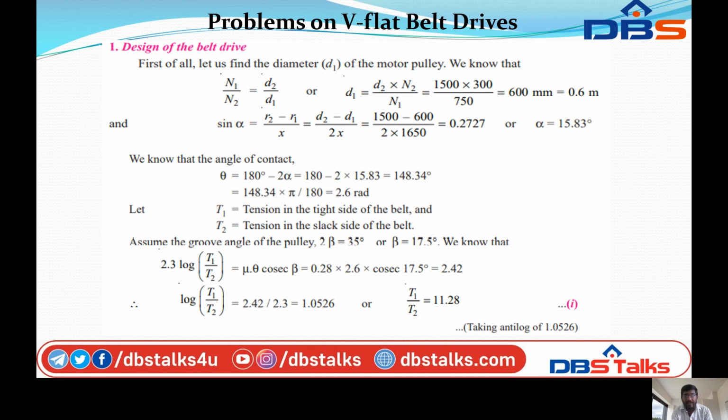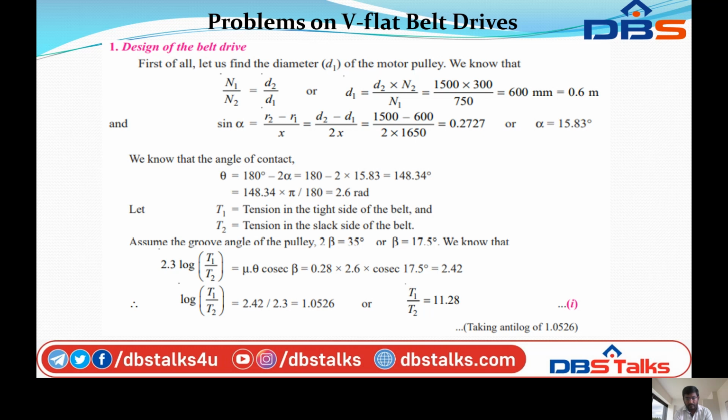So we can calculate the T1 and T2 values, the tight side and slack side. T1 is the tension in the tight side of the belt and T2 is the tension in the slack side of the belt. Assuming the groove angle of the pulley, 2 beta is equal to 35 degrees, or beta is equal to 17.5 degrees. This is the standard value.